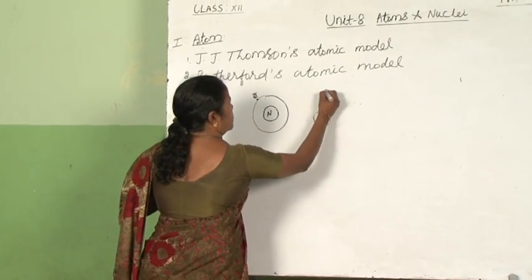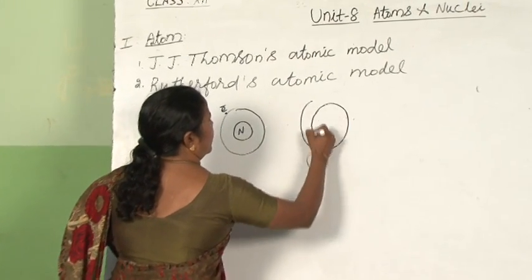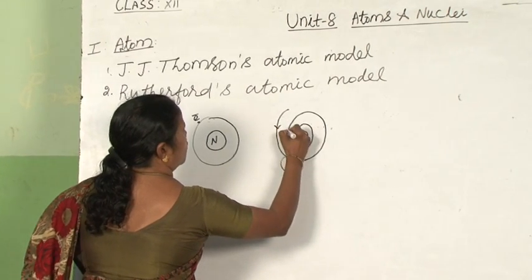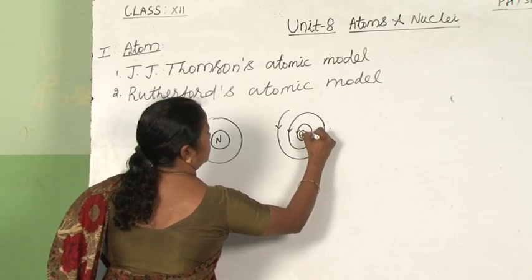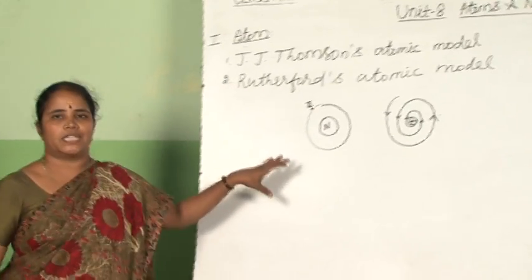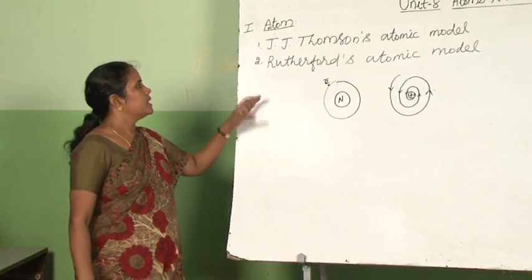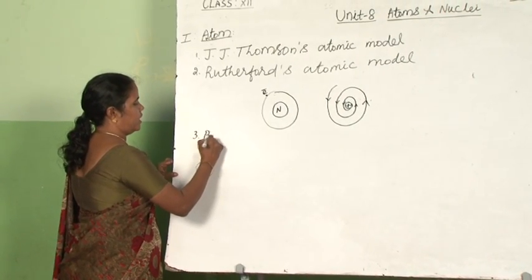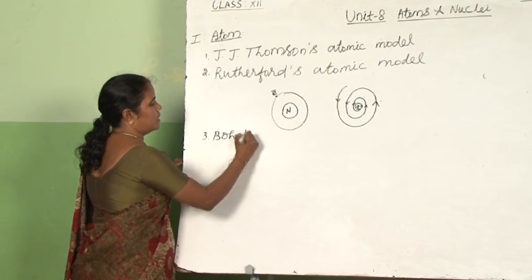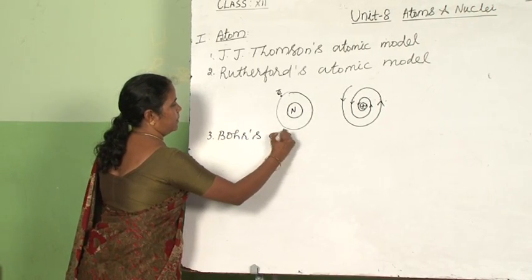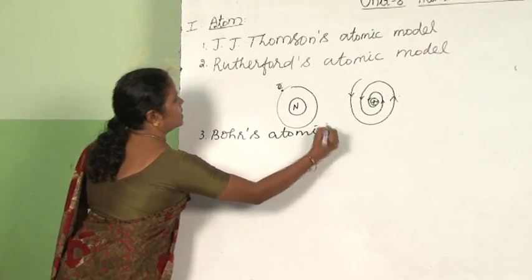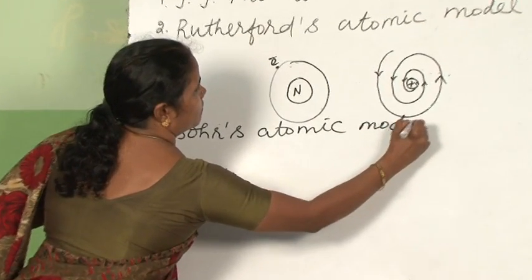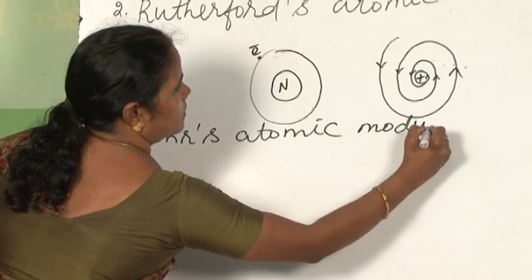When the electron loses energy, it makes a spiral path and finally it has to fall into the nucleus itself. But it does not happen so. Then Rutherford's atomic model was modified by Bohr's atomic model, where Bohr gave three postulates. One by one we are going to see them.